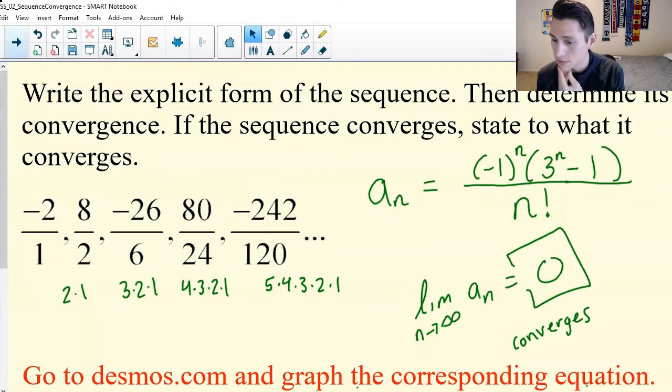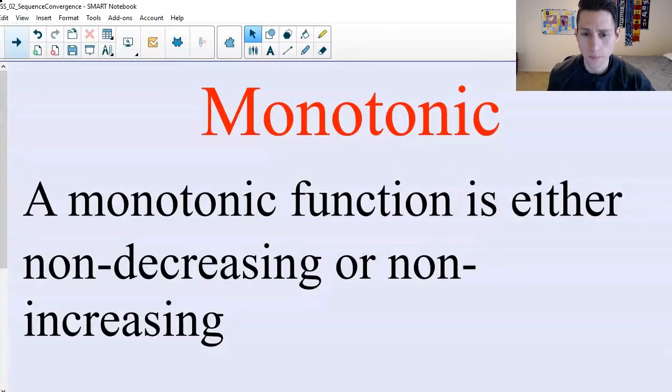Okay, so last couple things. These will go quick. A monotonic function. Sometimes we also call these a monotone function. But a monotonic function is either non-decreasing or non-increasing.